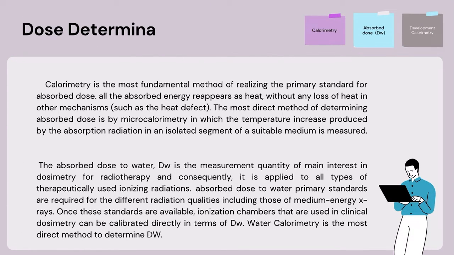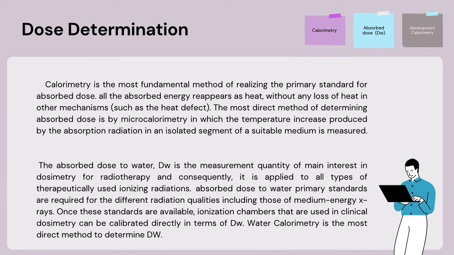Dose determination must refer to the reference point, which makes water calorimetry calibration difficult. Calorimetry is the most fundamental method of realizing the primary standard for absorbed dose, since temperature rise is the most direct consequence of energy absorbed in a medium.